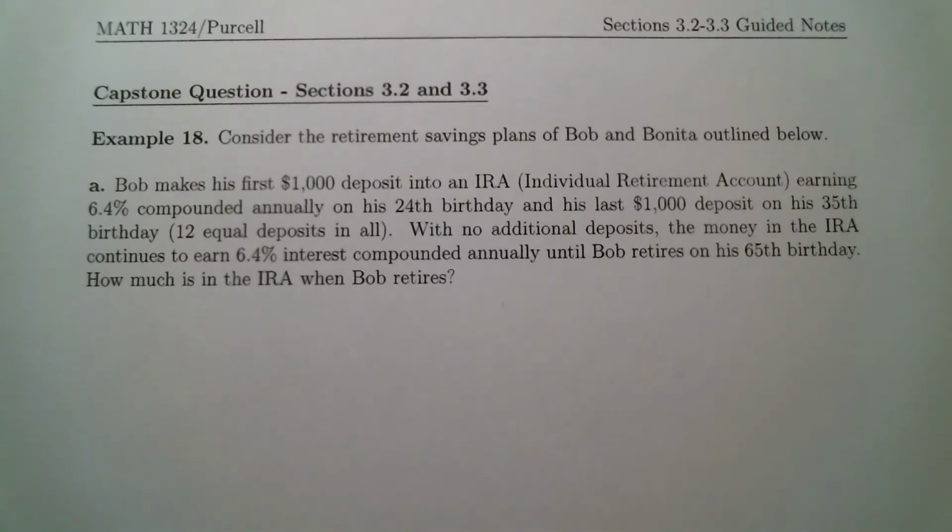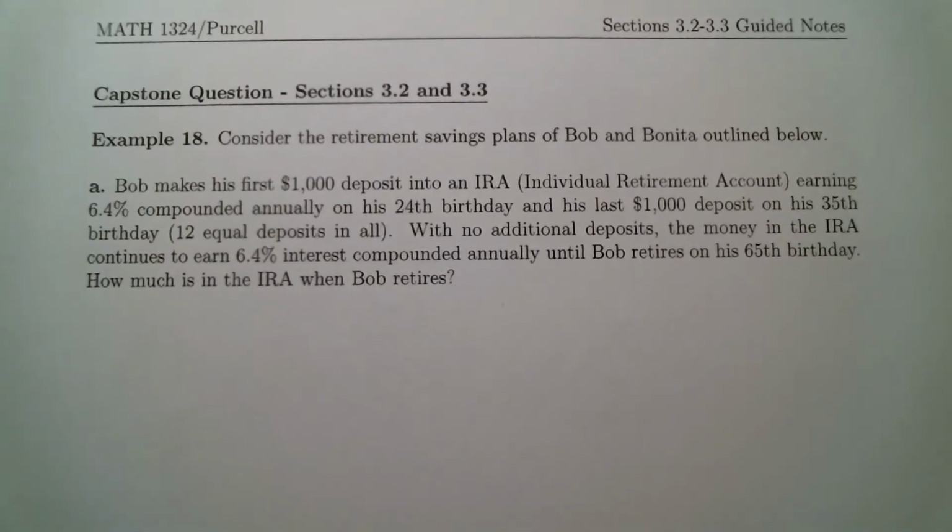With no additional deposits, the money in the IRA continues to earn 6.4% interest compounded annually until Bob retires on his 65th birthday. How much money is in the IRA when Bob retires?